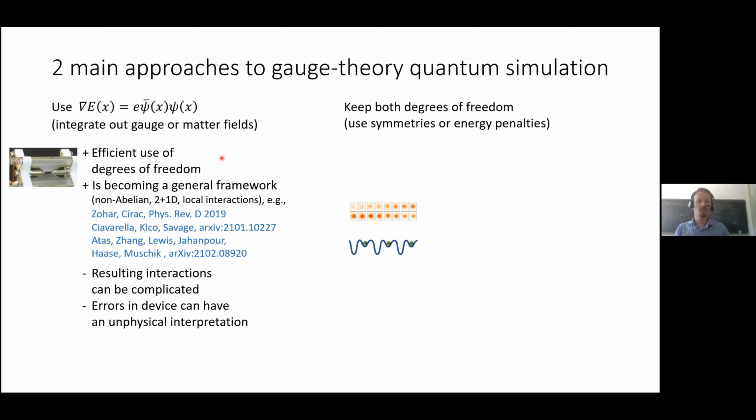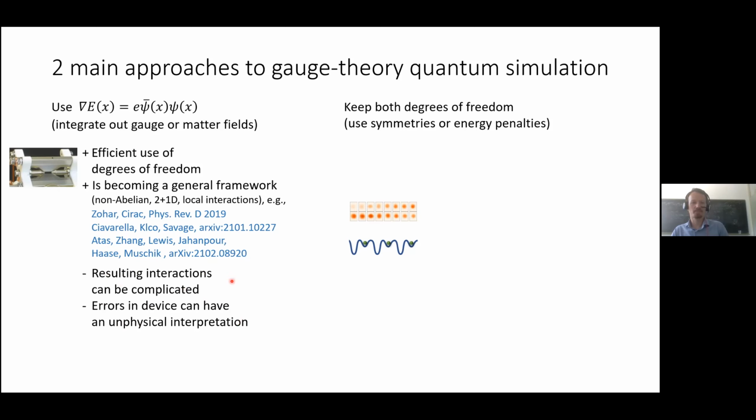Now people know how to do this for non-abelian theories, for higher dimensional ones, and to do it in a way that the resulting theory is still local and so on. But still, nevertheless, the resulting interactions can be quite complicated. So it's still a challenging thing to implement. And there's also this problem that sometimes an error doesn't have a very natural interpretation.